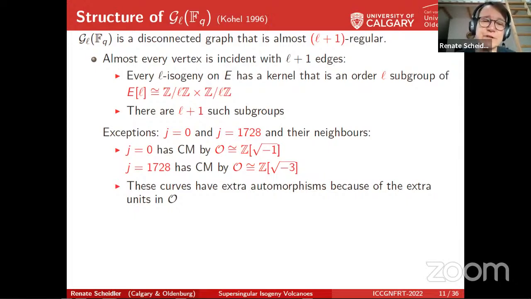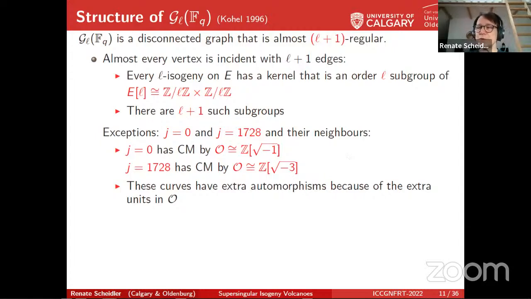Okay, so this is true for almost every vertex, except for 2 of them and their neighbors. Those are the j invariants j equals 0 and j equals 1728. And they're very nasty and very ill-behaved. So most literature on elliptic curves just excludes those two because they cause a zillion problems. And the reason is that the j invariant 0 has complex multiplication by the Gaussians, and the j invariant 1728 has complex multiplication by the Eisenstein integers, and you recognize those two quadratic orders as having extra units.